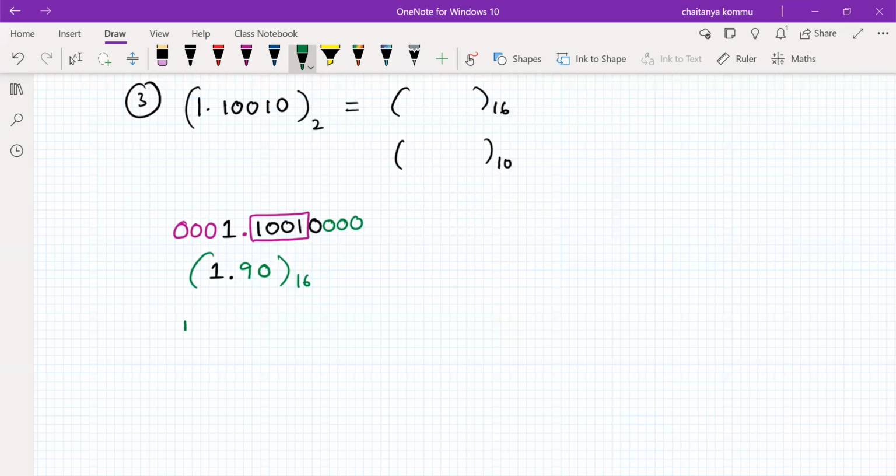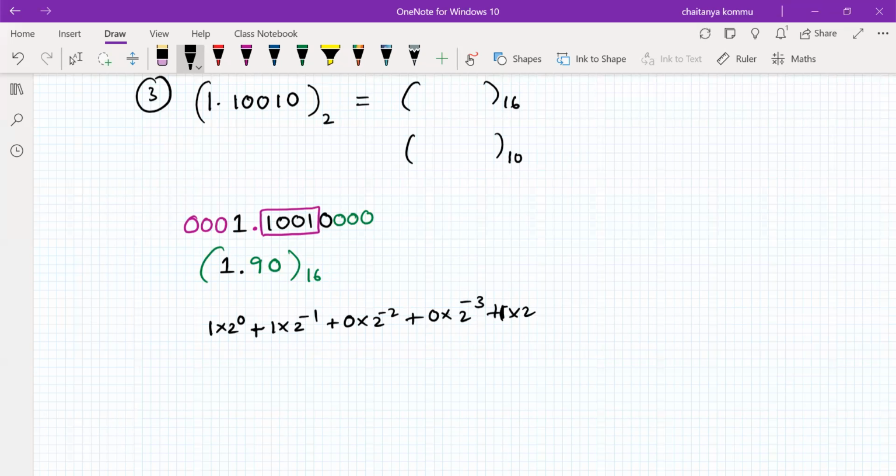So what we have to do is 1 into 2 power of 0, point, so plus 1 into 2 power of -1 plus 0 into 2 power of -2 plus 0 into 2 power of -3 plus 1 into 2 power of -4 plus 0 into 2 power of -5. I told you that please remember these weights, and do the calculation. Of course, calculator is also there. You can do it there.